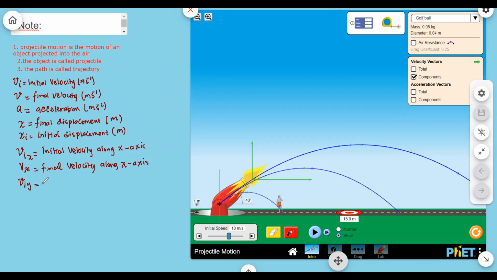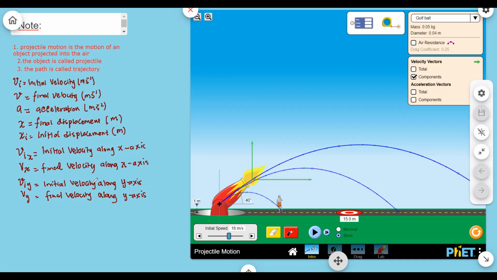Viy is the initial velocity along the y-axis. Vy is the final velocity along the y-axis.